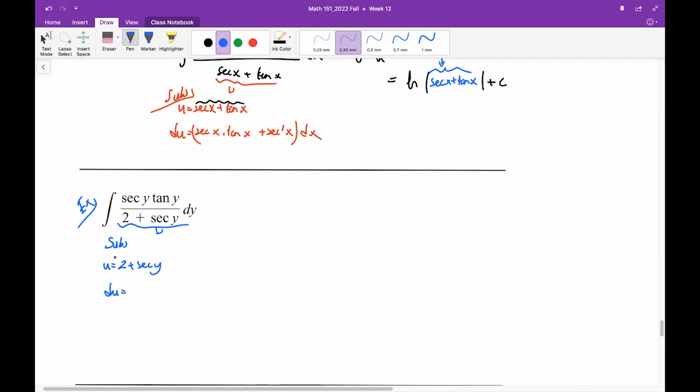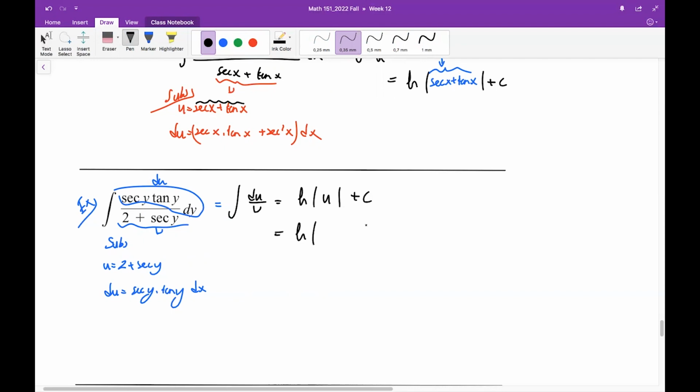Then what is du? 2 is gone. The derivative of secant is secant times tangent dy. You see, this whole thing becomes just du now, so that you express the whole integral in terms of u's and du's in this very simple form, which is integrated as ln absolute value of u plus an arbitrary constant c. So what was u? u was 2 plus secant y.